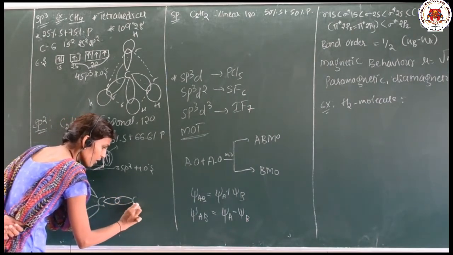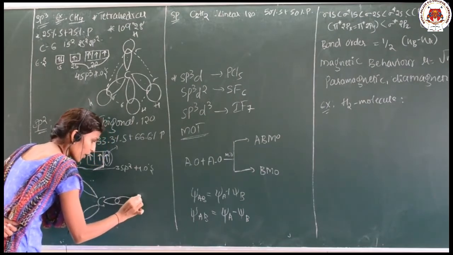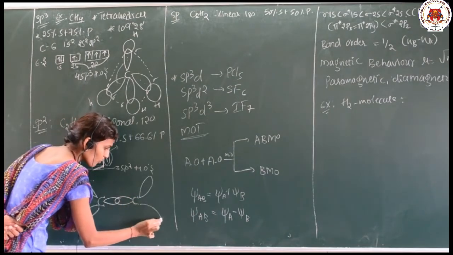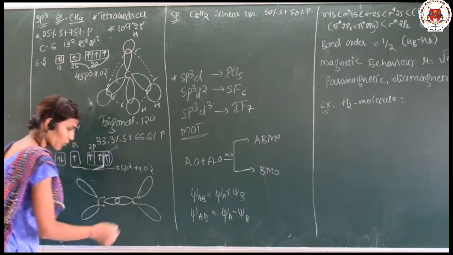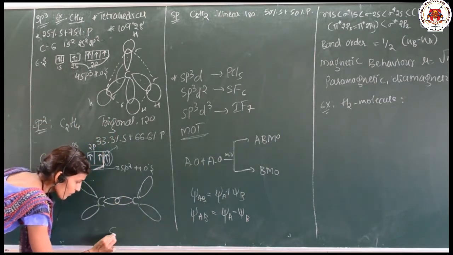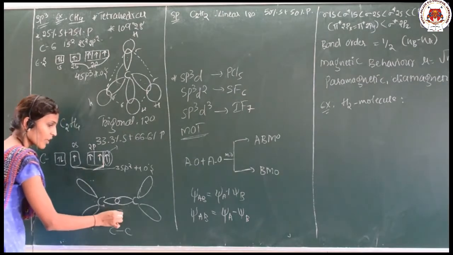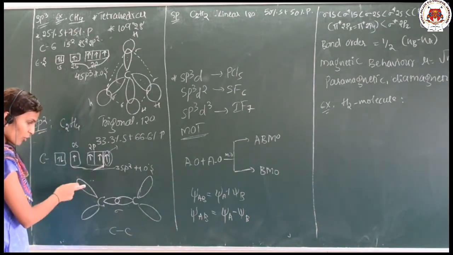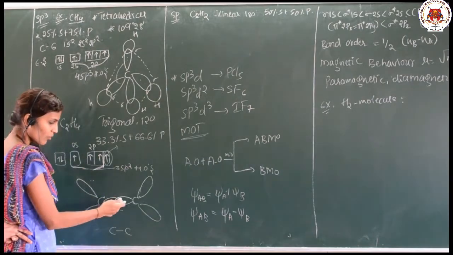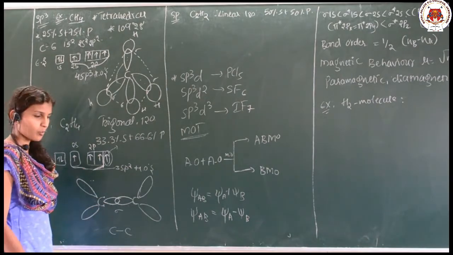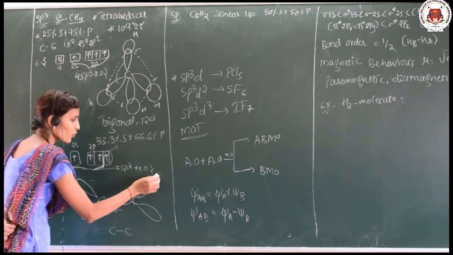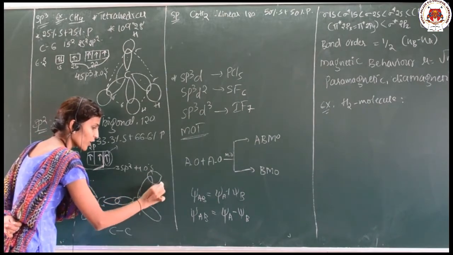Now, how does it look? C single bond C. This is sigma. One hybrid orbital merges with the neighboring carbon's hybrid orbital, and these two merge with the 1s orbital of the hydrogen like this.